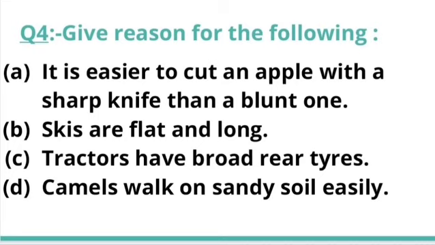Why? Okay, write the reason. C part is tractors have broad rear tires. D part, camels walk on sandy soil easily. Means why the camels can walk on sandy soil easily. So you have to write the reason in all these 4 parts.